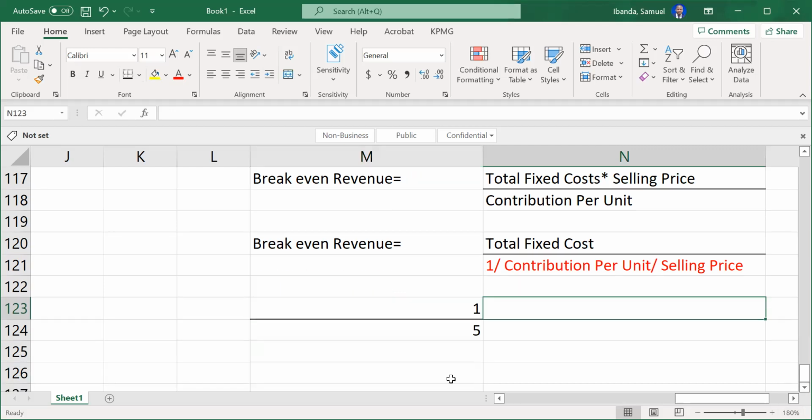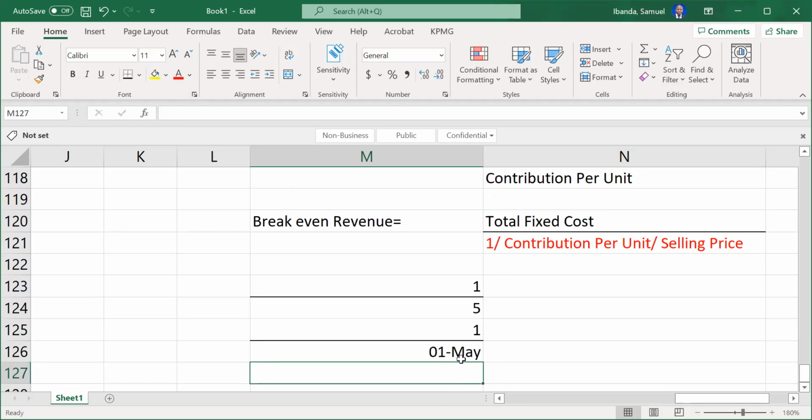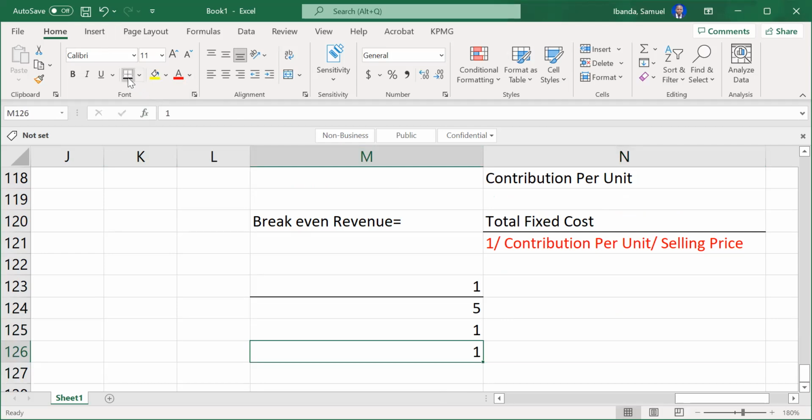But if I get 1 and divide it by 1 over 5, you press your calculator. Let me show it on the calculator.